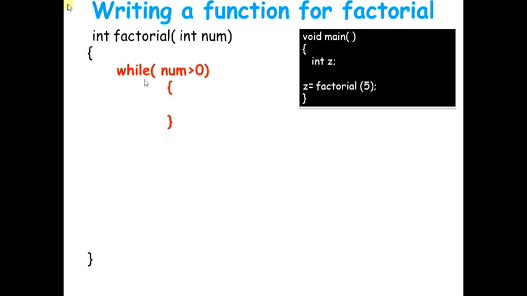Now this while condition puts a check on whether the number whose factorial we are computing is greater than 0. So the number is 5 here, 5 comes and sits here, then there's a check here. Now this is the function definition which we are putting. This black thing, the first line, is a function header.